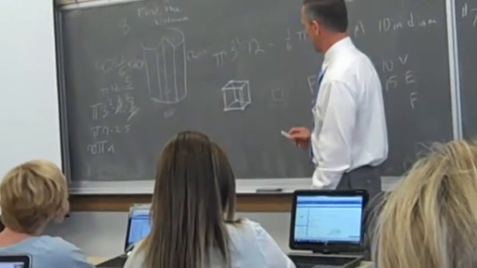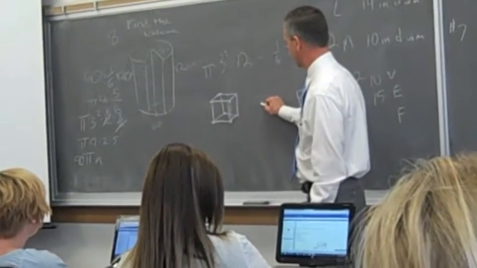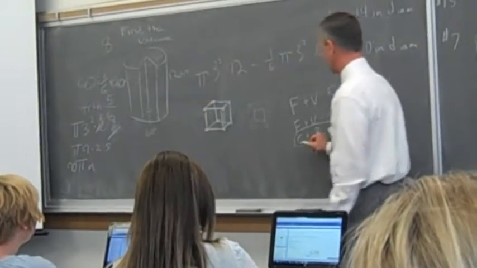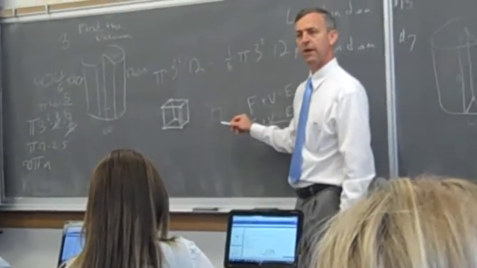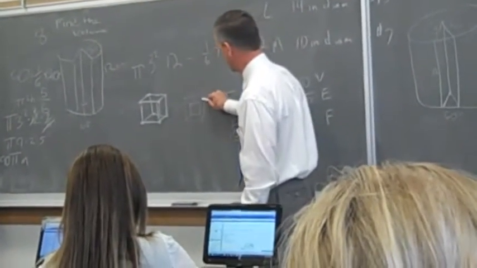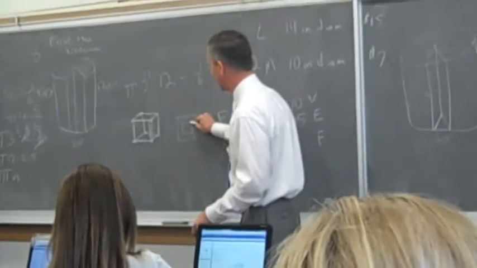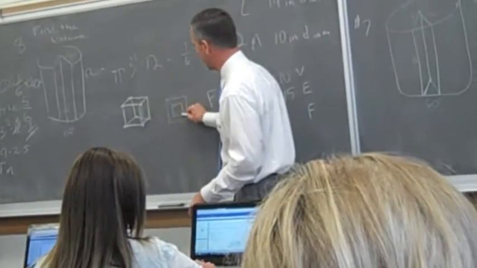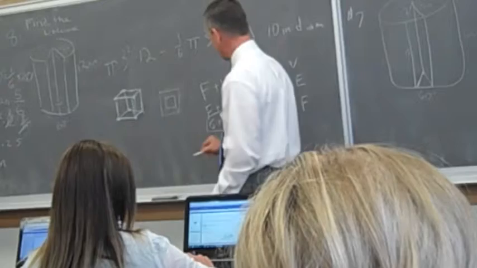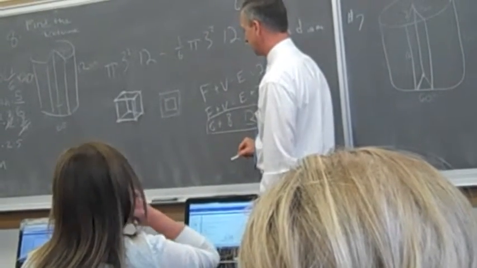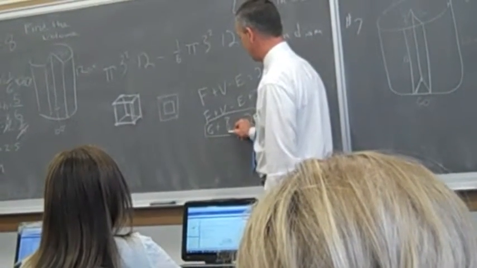How many vertices do we have? Still 8 in this network. How many edges? 1, 2, 3, 4. The 4 around the square in the front, the 4 around the square in the back, and the 4 that connect the front to the back. That's 12, right? 8 vertices, 12 edges.